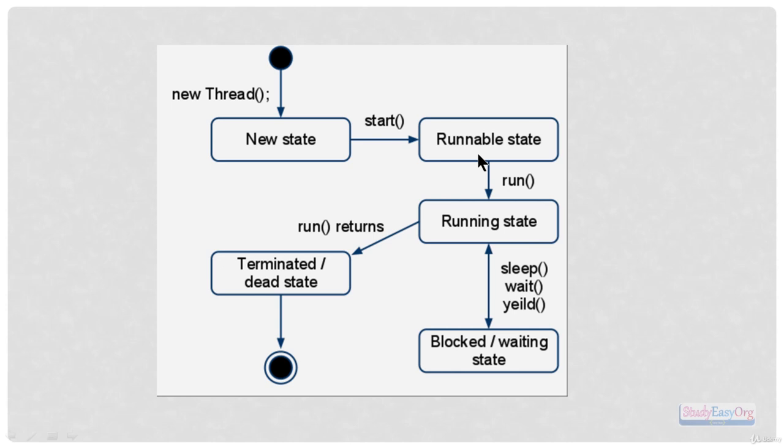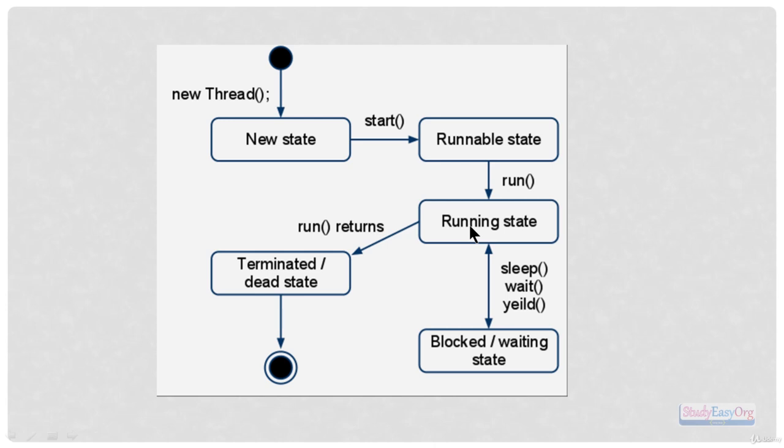This means that the thread can run at any time, but it will not start running, because in order to run the thread, the run method needs to be called. Now this run method would be called by the JVM itself. We need not worry about this particular run method. It will be called by the JVM itself. Once the JVM calls this run method, the thread will start and it will be in the running state.